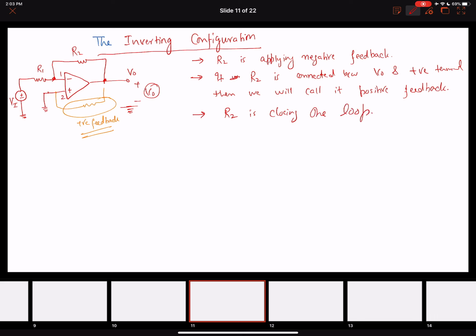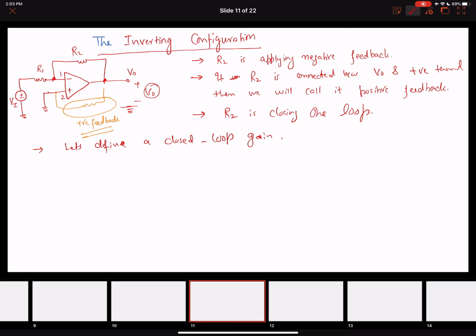All right. So let's define the gain of this closed loop amplifier. So let's define a closed loop gain.